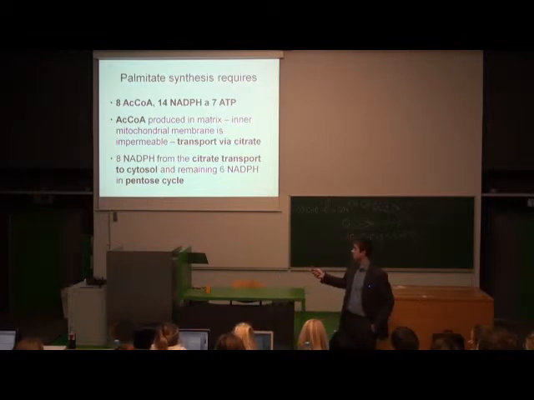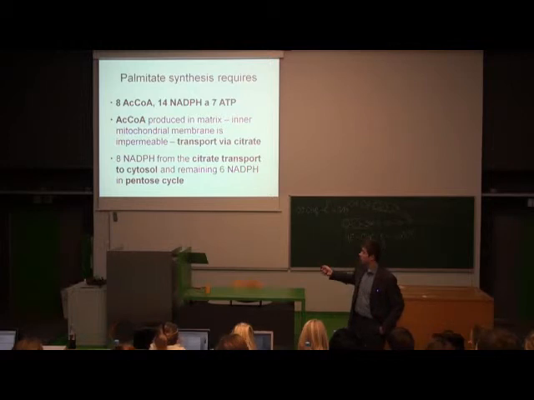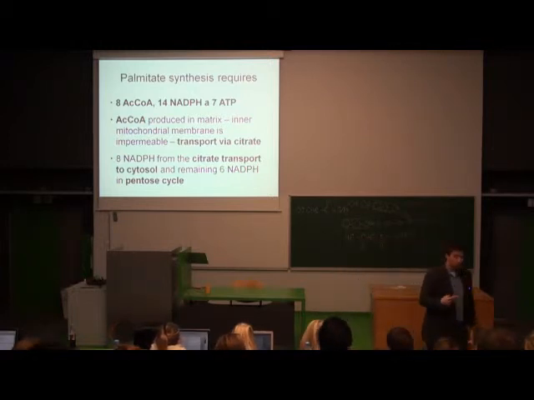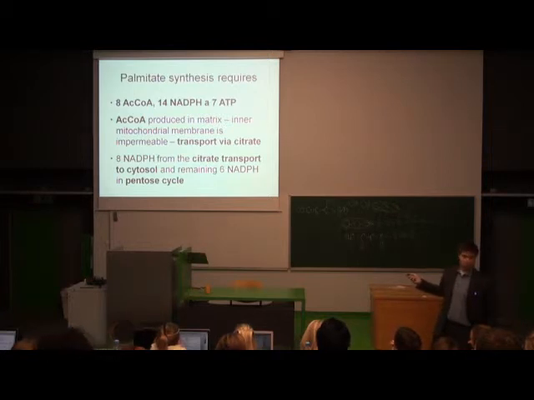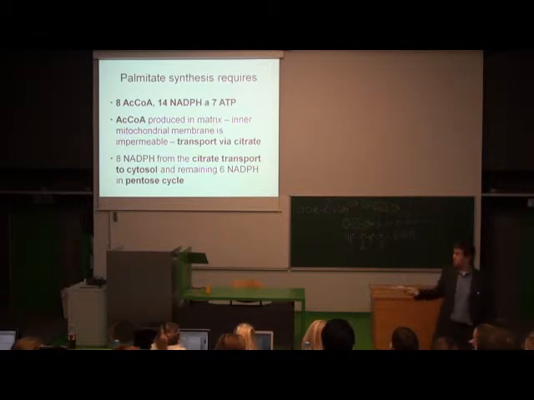We need acetyl coenzyme A, we need ATP to do the carboxylation of acetyl coenzyme A to malonyl, and then we need 14 NADPH molecules. Yes? The ATP is necessary to do the carboxylation, and NADPH is necessary to do the reduction.